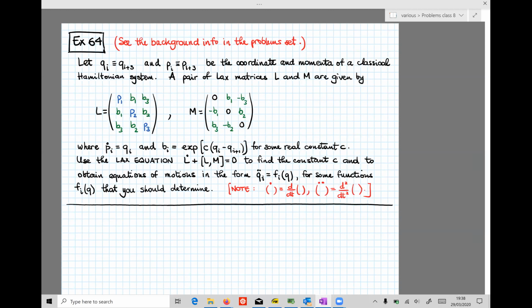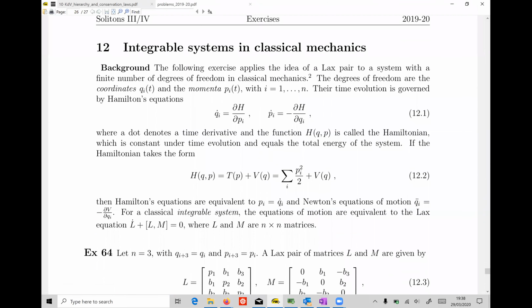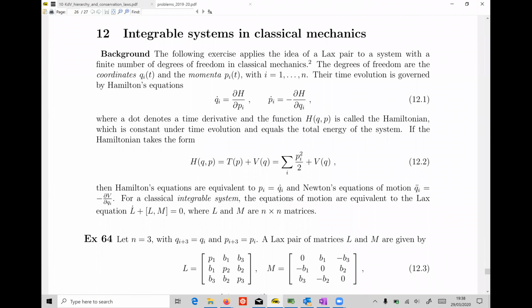So just to give a bit more context, let's look at the problem set where I wrote a little bit more background information. And if you're interested, you can read more in the lecture notes for chapter 12, but that's not really needed. Okay, so here is the context.